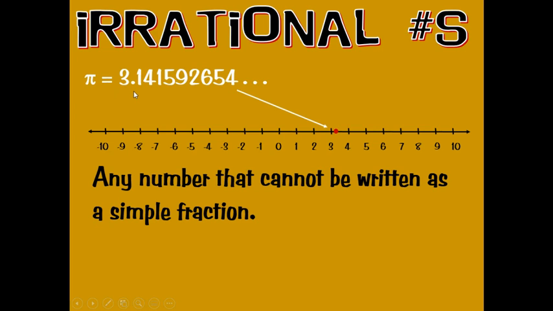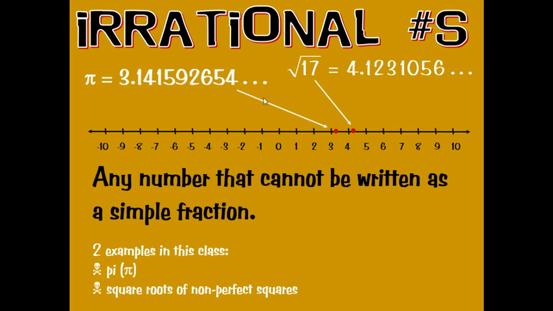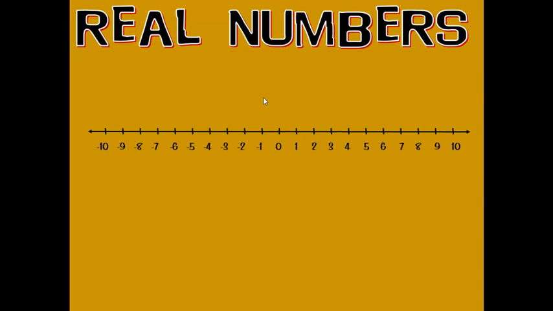They did an approximation, which is 3.141592654, and it keeps going, but that's not an exact answer. Radical 17 is an irrational number, which means it cannot be rewritten as a simple fraction. So two examples in this class are pi and the square roots of non-perfect squares.